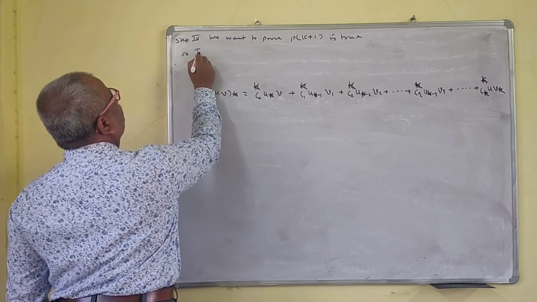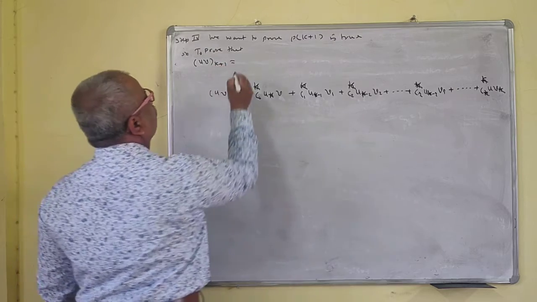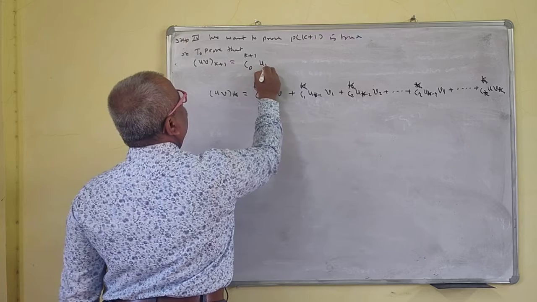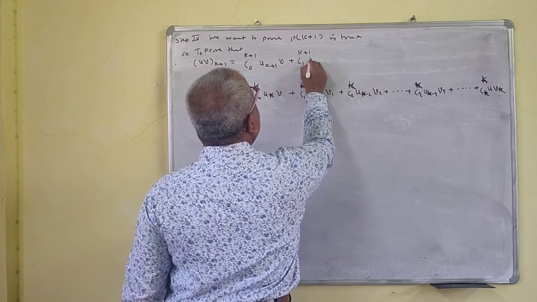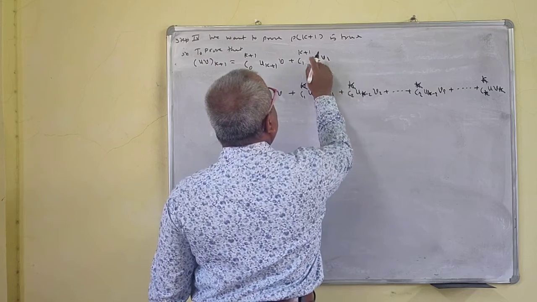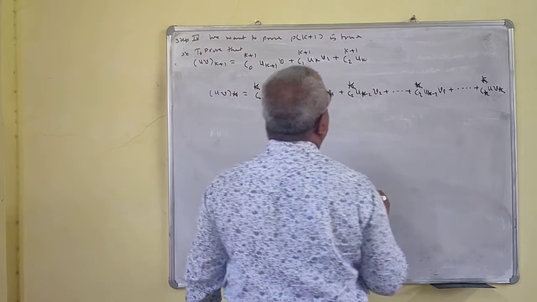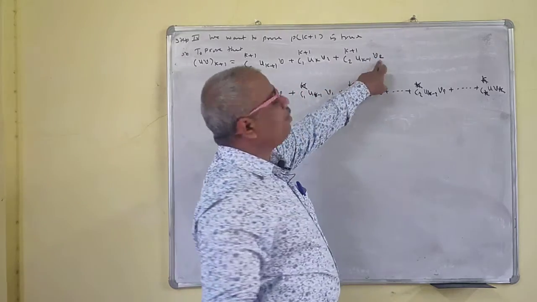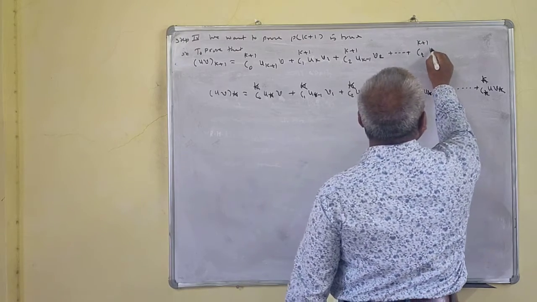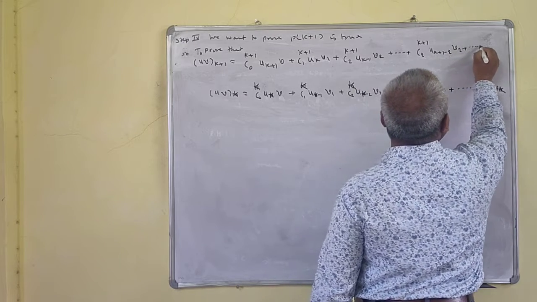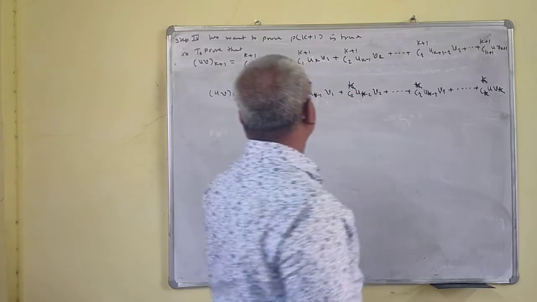That is, we want to prove that (uv)k+1 is equal to k+1C0 u(k+1) v plus k+1C1 u(k) v1 plus k+1C2 u(k-1) v2, where the sum should be k plus 1, plus and so on, plus k+1Cr u(k+1-r) vr, and so on, plus k+1C(k+1) u v(k+1). This we want to prove.